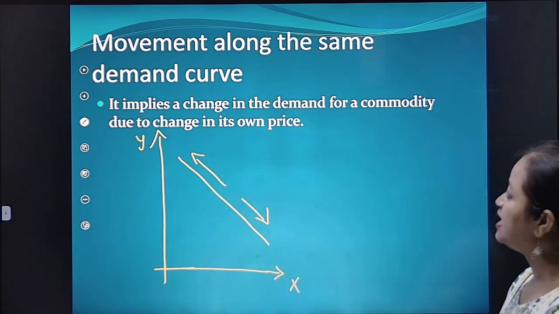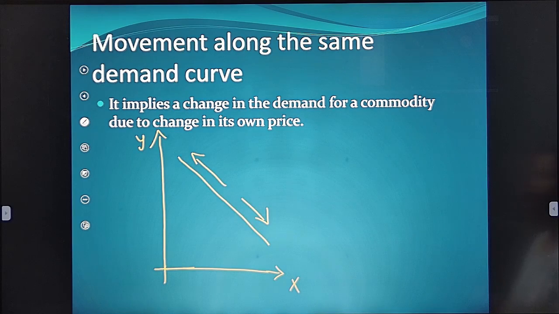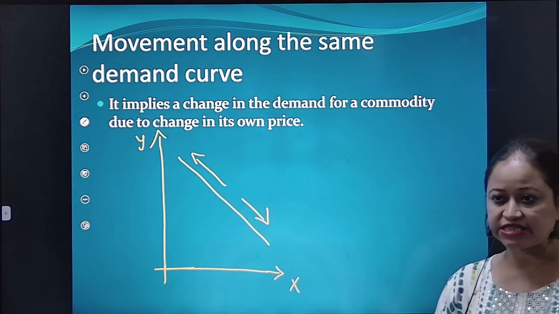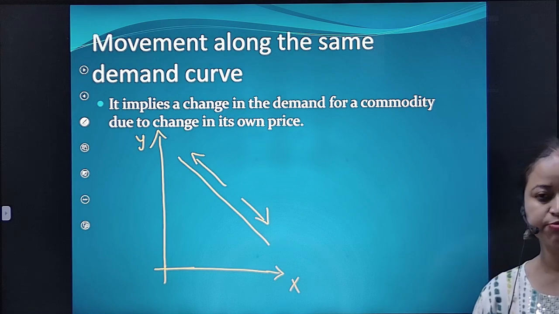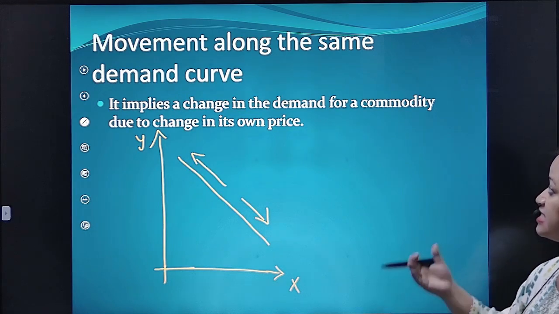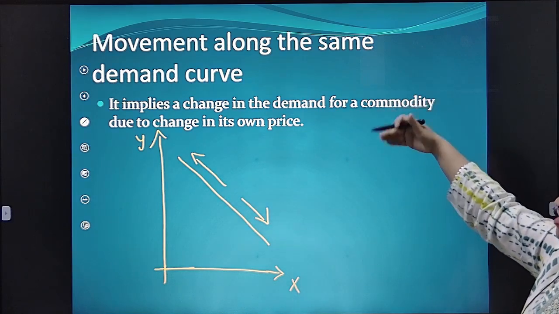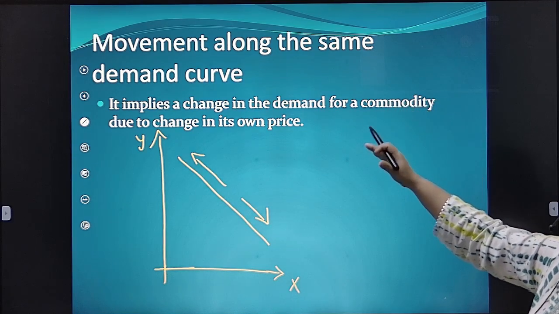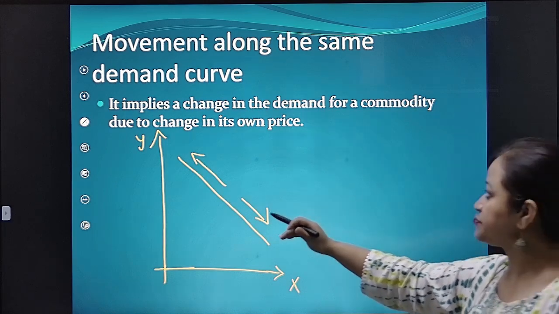So it implies a change in the demand for a commodity due to change in its own price. So the commodity's own price is changing. So that's why the movement is on the same demand curve. So how it is, I'll tell you.